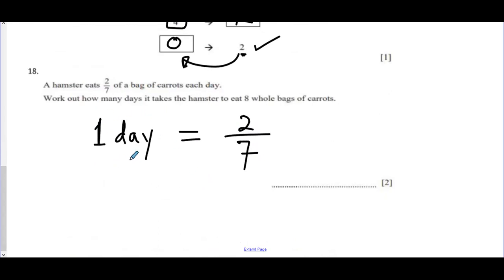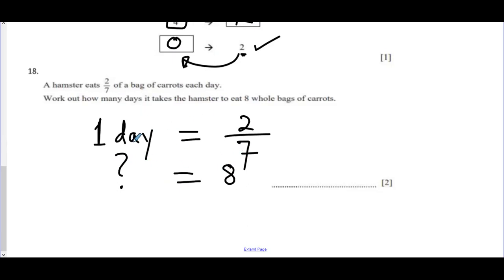So how many days? You put a question mark here, and then you go ahead writing, work out how many days it takes the hamster to eat 8 whole bags of carrots.